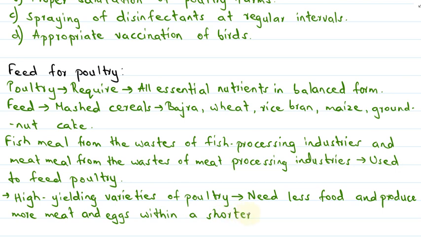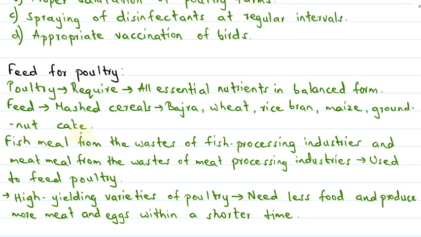Okay, so this production happens in a shorter span of time. Alright, so these high yielding varieties lay about 200 eggs annually as compared to 60 to 70 eggs laid by the desi varieties. Okay, so since these varieties consume less food, they are more economical and they reduce the cost of maintenance. Okay, so this is about the feed that is required for poultry.